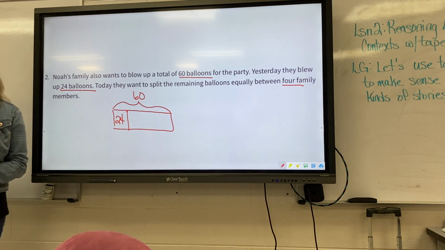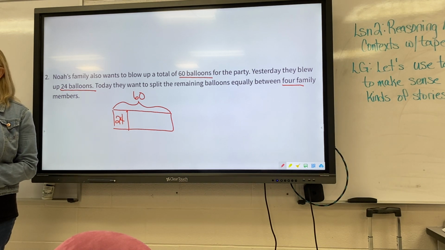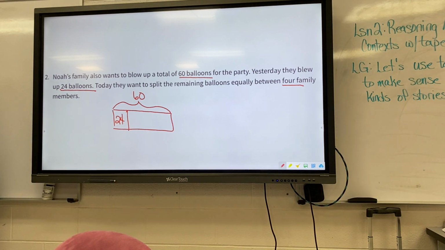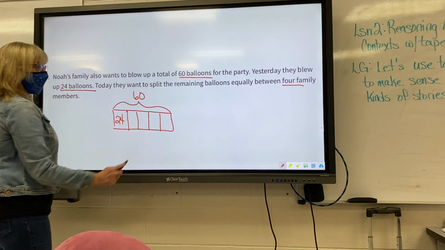Did each person blow up 24 balloons, or do we just have 24 balloons? We just have 24 balloons. Now what happens? Now they want to divide the remaining against 4 family members. Okay, so now we're gonna take what's left, divide it by 4.